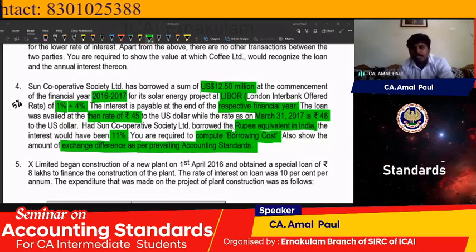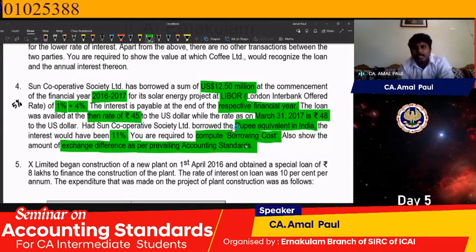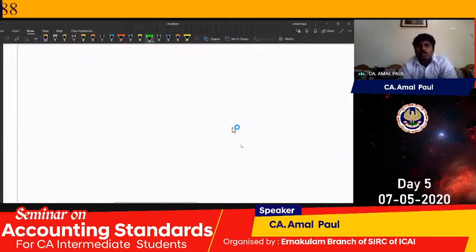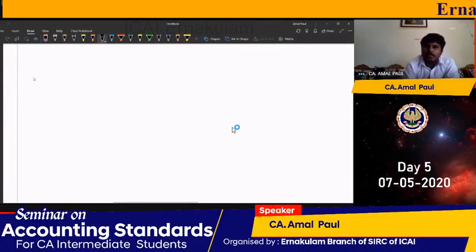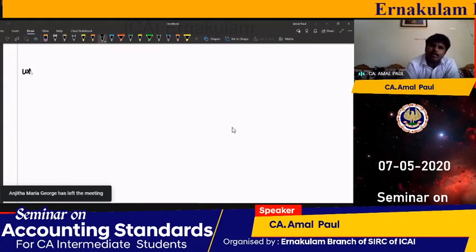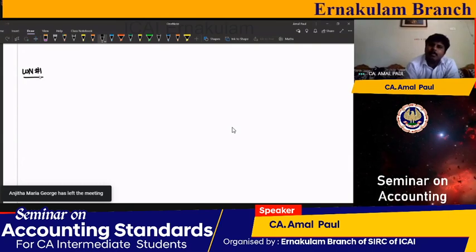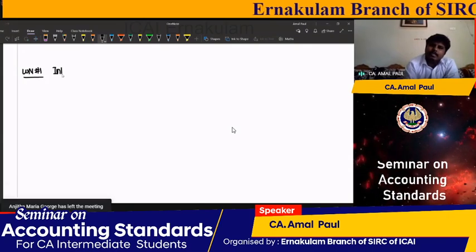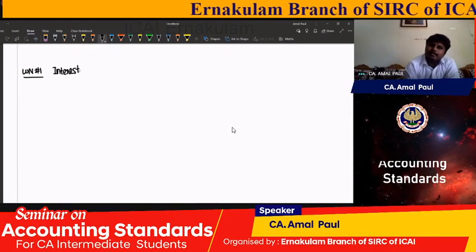Similar situation. First we will compute the interest cost for this year. Working note number 1, interest for the year.